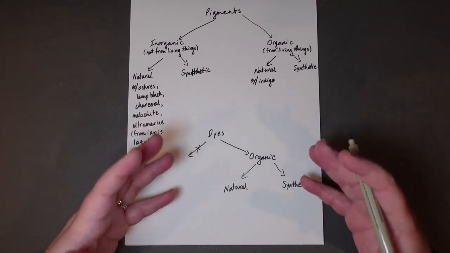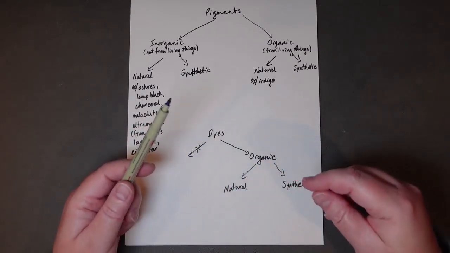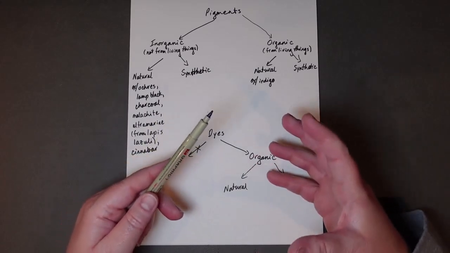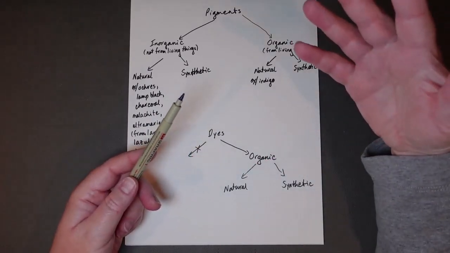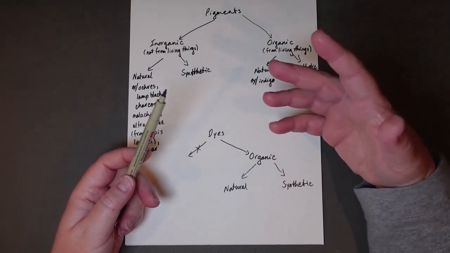But how do you use that as a paint? If I dip a brush into that beautiful green liquid and try to apply it to the wall of a cave, it's not going to make the wall of the cave look green.